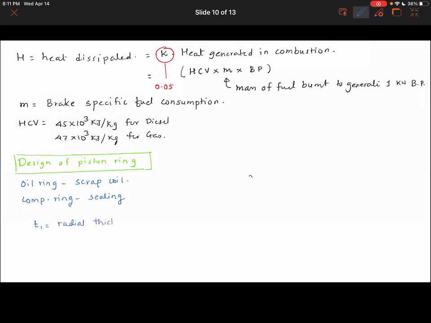So for the ring, the radial thickness of the ring is given as D times square root of 3 PW divided by sigma T. Again, this is the same stress that is coming from the bending of the ring due to the gas pressure.